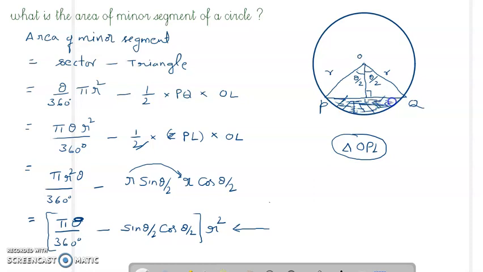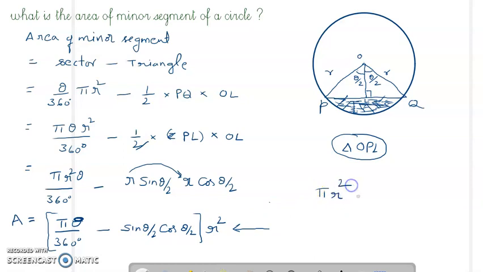If anybody asks you how to find the area of the major segment, name the area of the minor segment as A. Then you have to subtract this minor segment area from the total area of the circle.